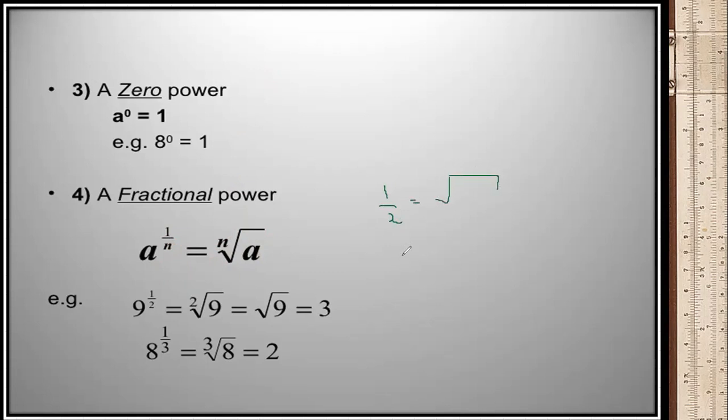If you give a number a power of a third, this is the same as taking the cube root of that number. An example is here: 9 to the power half is similar to the square root of 9, which is 3. Then 8 to the power third is the same as the cube root of 8, which is 2, as we can see there.